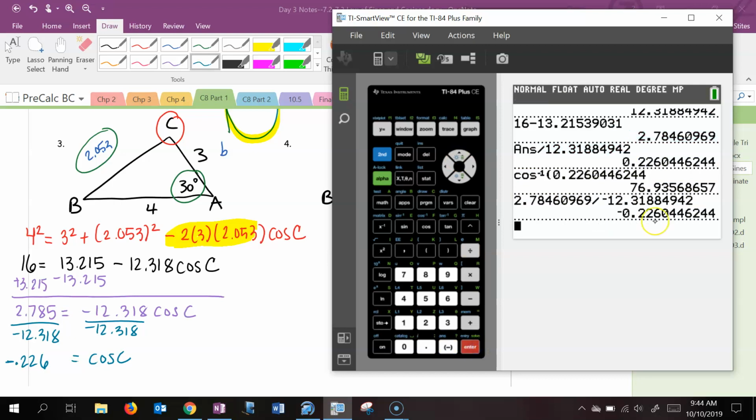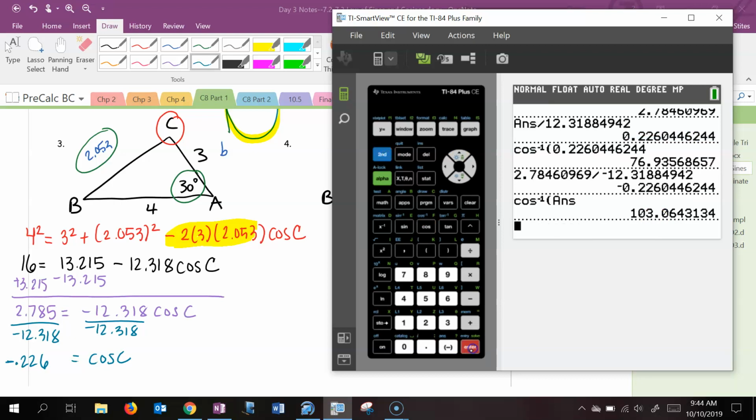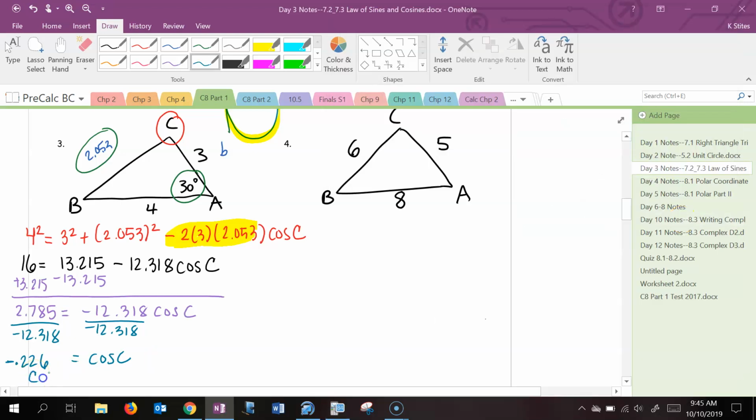Negative 0.226, and now inverse cosine of that, which is very different, 103.064 degrees. There you go. So angle C is 103.064 degrees.